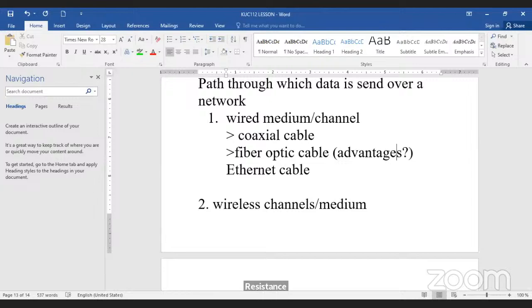What are the advantages of fiber cable? What's the transfer of data? It's interesting. Maybe they can ask you what are the disadvantages.